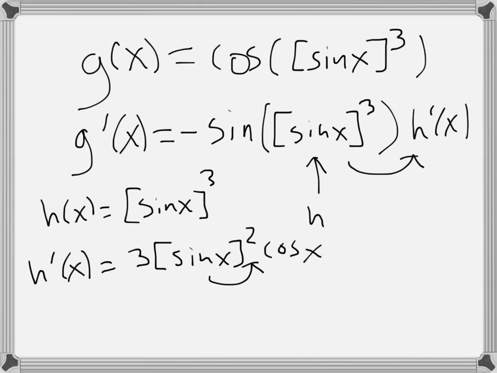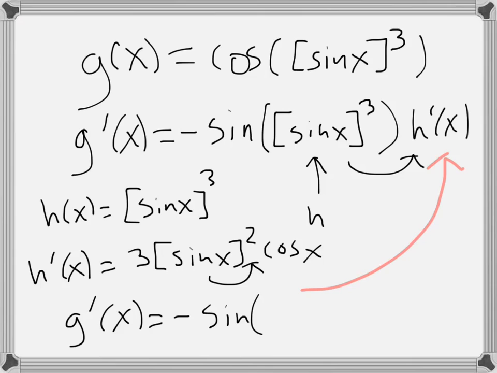And now, h prime of x is what goes up here to finish g prime. So g prime of x is now negative sine of the cube of sine x, and then I multiply all of that by 3 sine squared x cosine x.